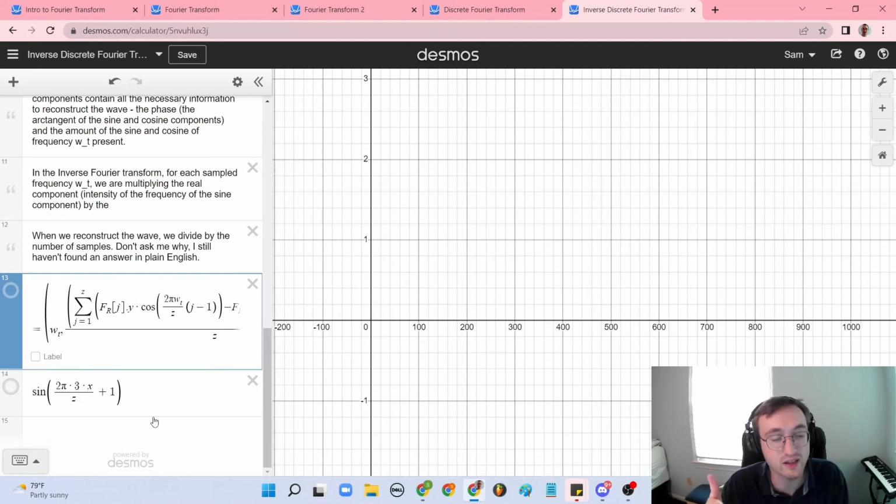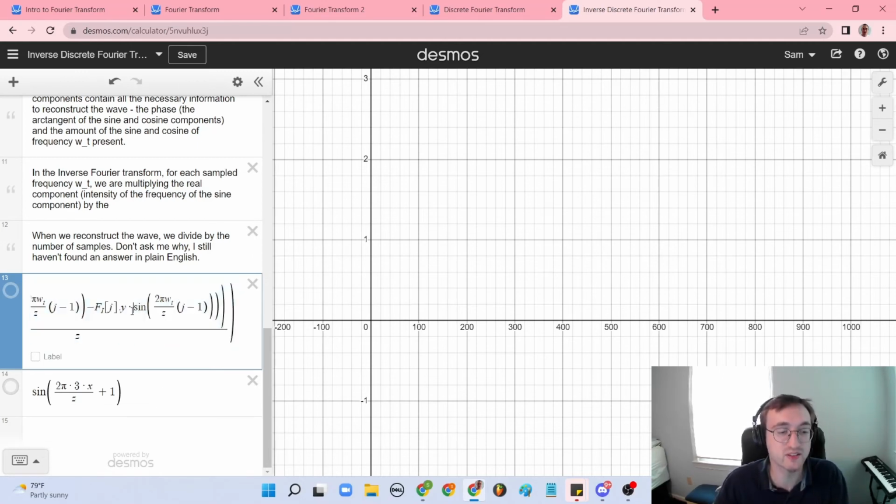But here's the catch. You can think about your wave as being only, they're all real numbers, so it's only a cosine component. Whereas when you do the Fourier transform, you have both that cosine amount and the sine amount. So really, the forward Fourier transform, this formula is still the same, it's just that your sample wave has no imaginary or no sine components built in.